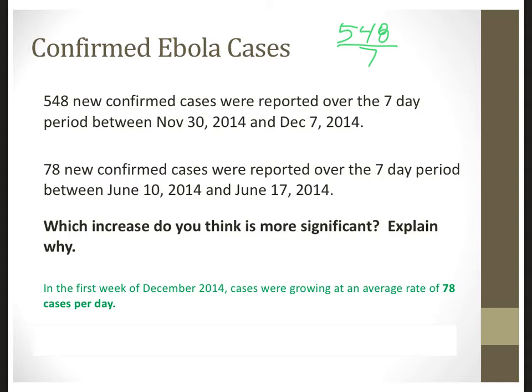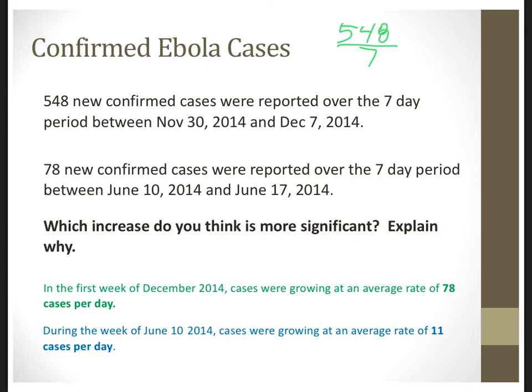And if we did a similar analysis of what was happening in June, we saw that in that week in June, cases were growing at a rate of 11 cases per day. So in absolute terms, yes, there were more cases being reported in December each day than we had in June. But the question is, does that tell us the full story?